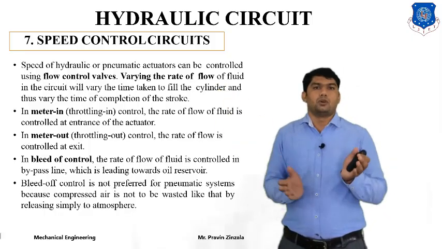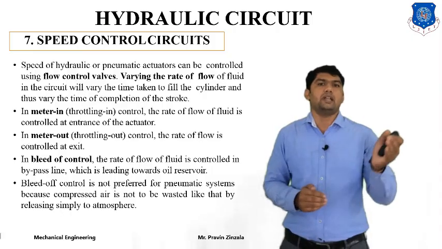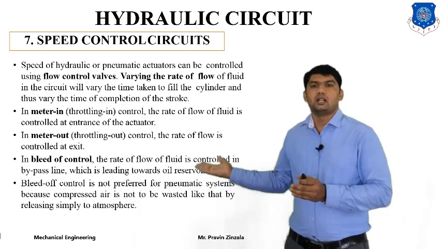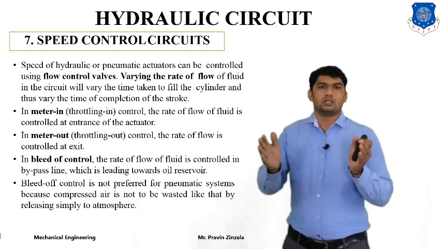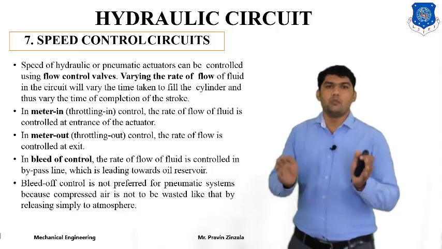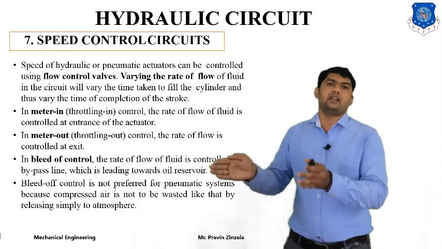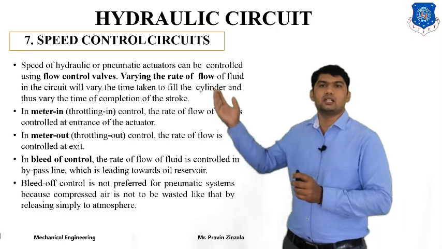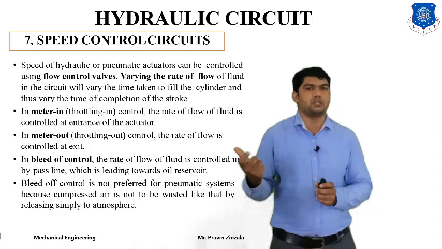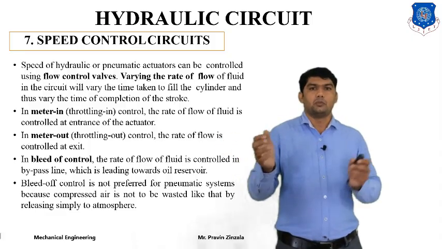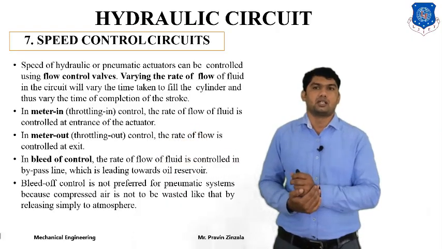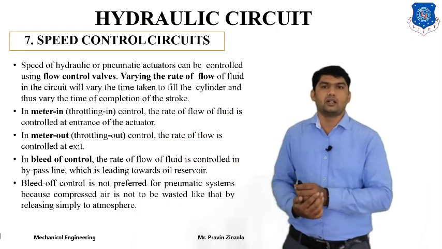If we control the flow of the fluid, it will automatically control the position of the cylinder and continuously control the movement of the cylinder, or we can also specify the movement, extraction and retraction of the cylinder. So this is the requirement of the speed control circuit. It will control the speed of the piston rod for a particular length of extraction and a particular length of retraction.